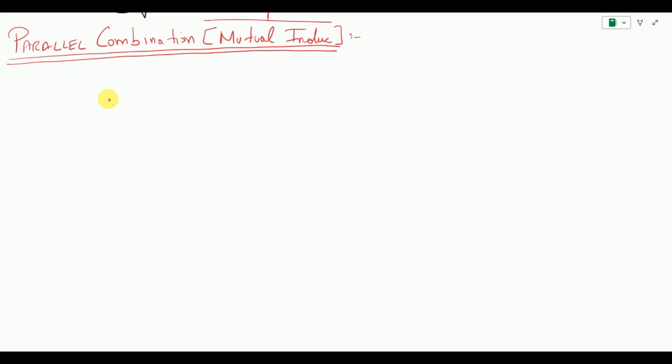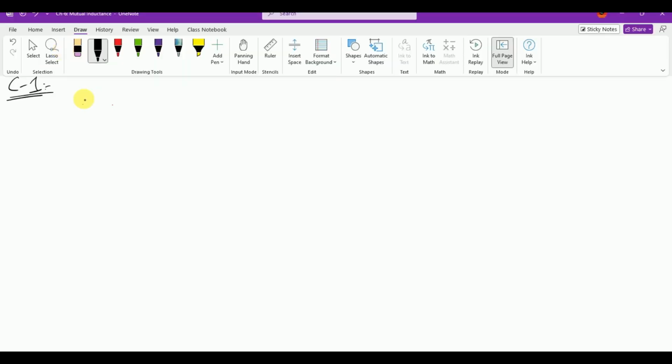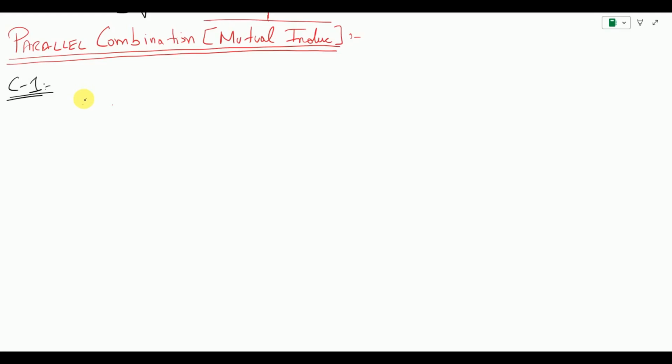So let us again start with 4 cases. The first case, so the first case is such, and we can go side by side if that's okay. The second case, let me draw it over here, so to save time.